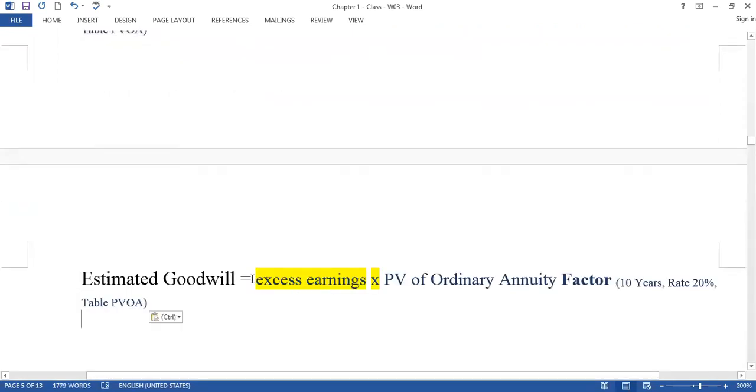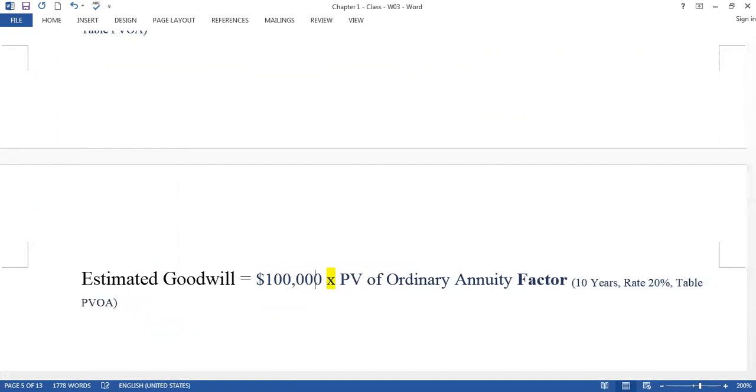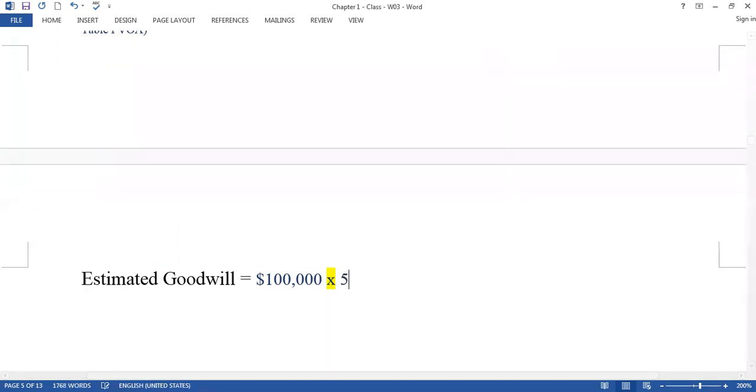Maybe this is $100,000, and the factor may be 5 point something, a random number. This is not the actual, so I'm going to delete this. I don't have this table now.